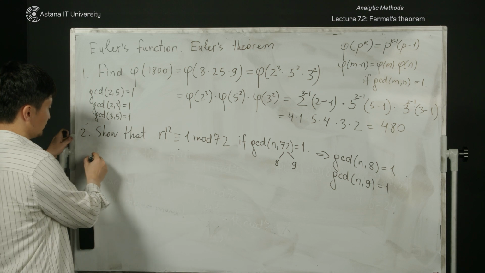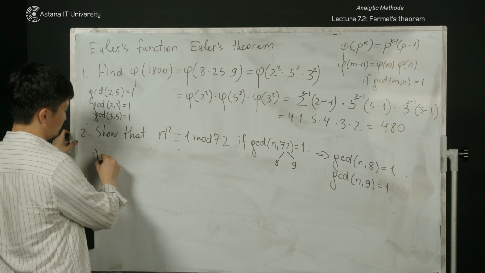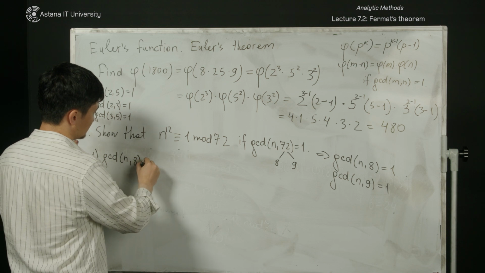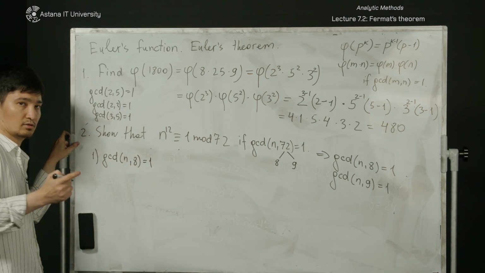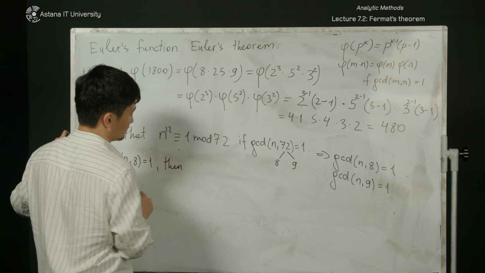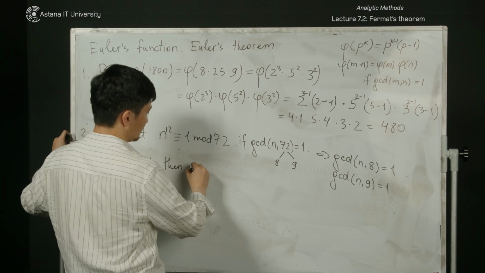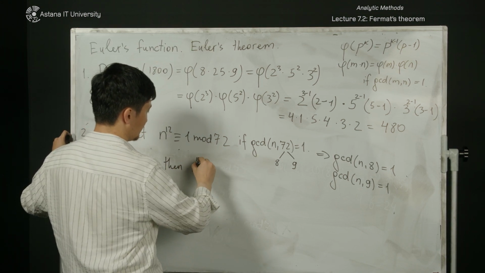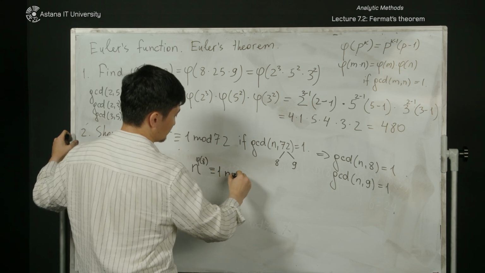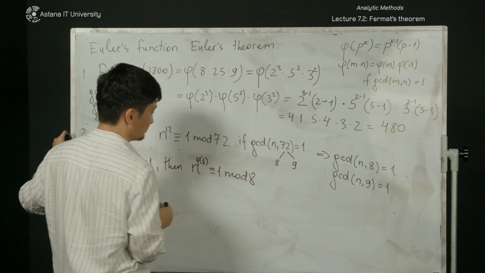So let's go by the first. GCD of n and 8 is equal to 1. Then n to the power of phi of 8 gives me remainder 1 mod 8.